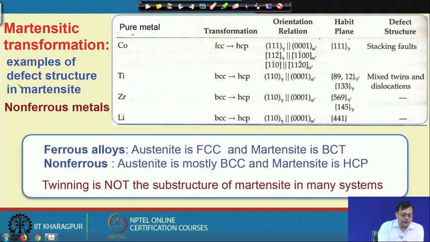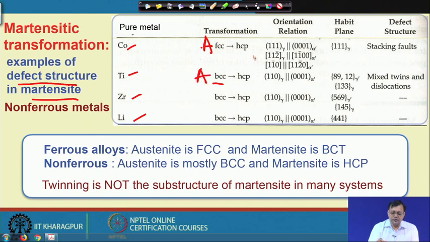So, the defect structure in martensite in the case of cobalt, titanium, zirconium or let us say lithium: here the austenite is the FCC phase in the case of cobalt, here this is BCC, the austenite is BCC, whereas martensite is the hexagonal close pack structure, and in the case of titanium it is hexagonal close pack. In the case of zirconium it is also hexagonal close pack. In the case of lithium it is also hexagonal close pack. These are all the austenite crystal structures.